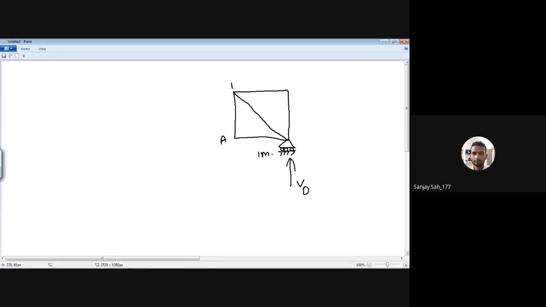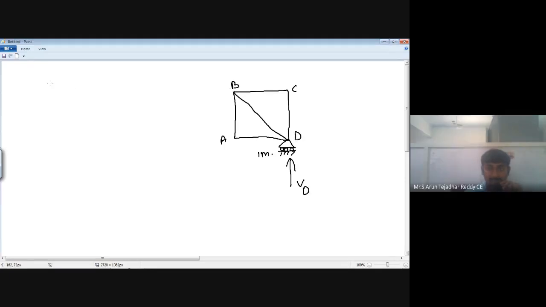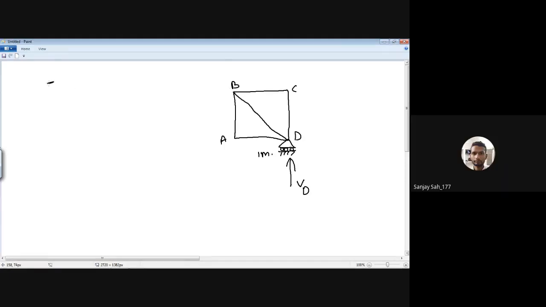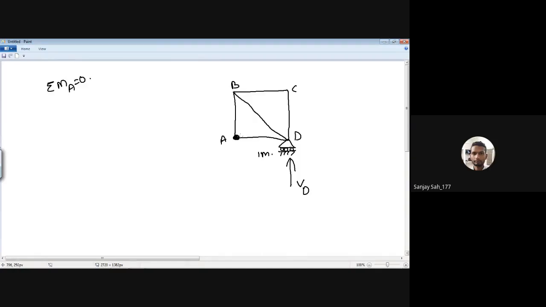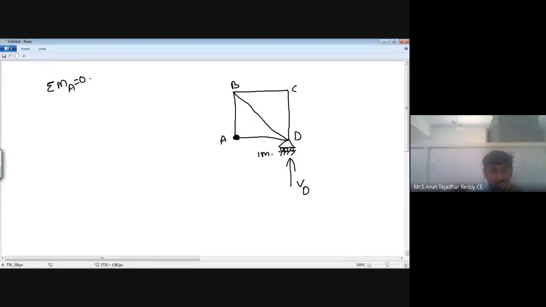A, B, C, D. So here what we have taken is sigma moment at point A. It means take A as a reference point. And what are the forces passing through A? Those all are 0.